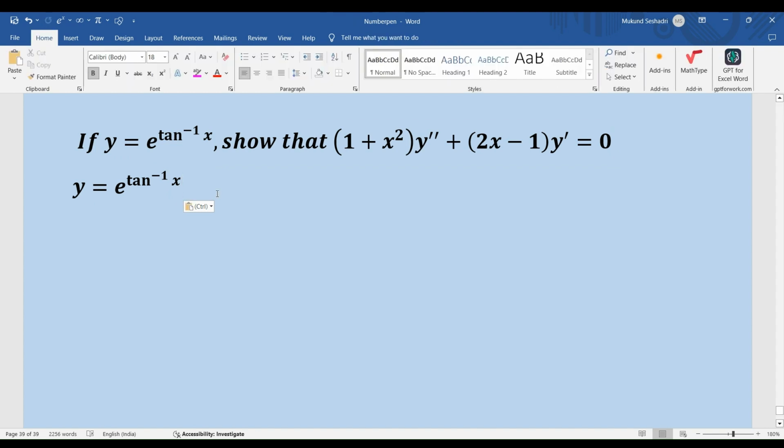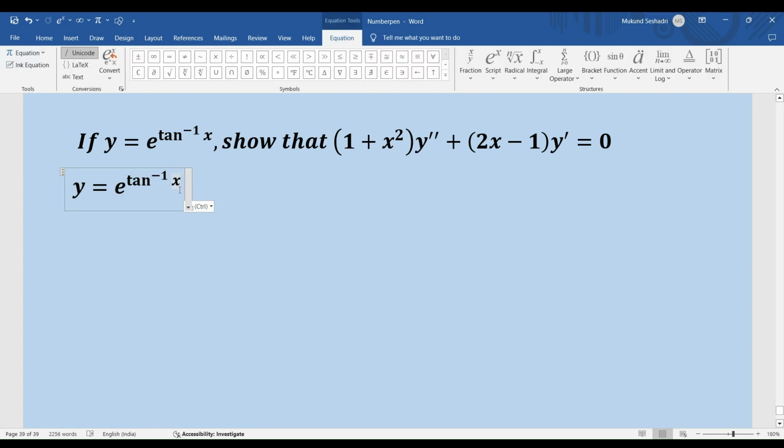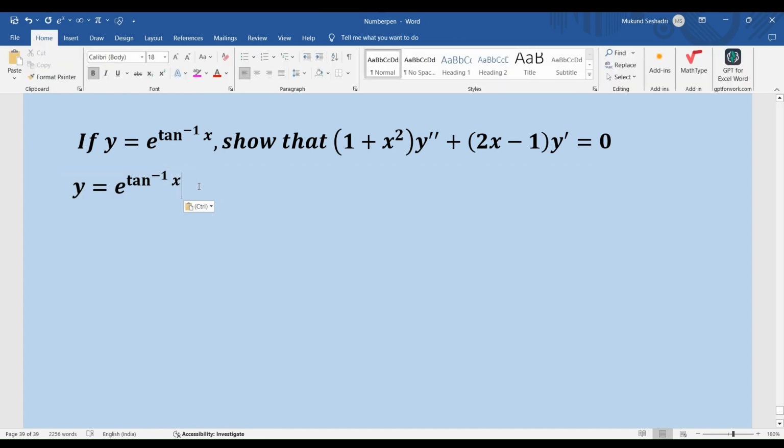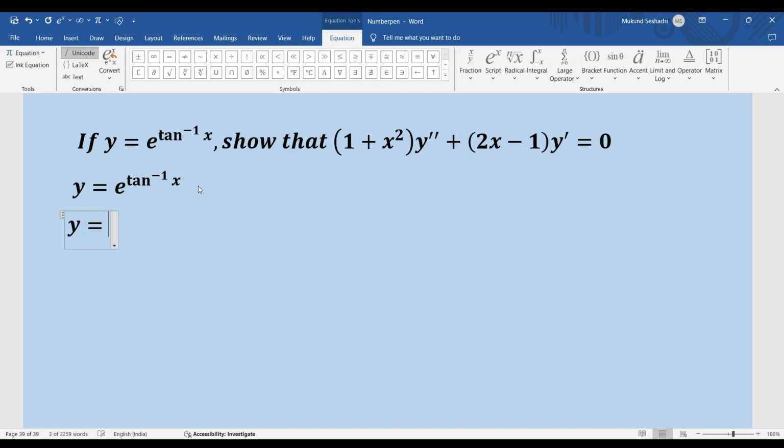I have a tan inverse of x, right? And it might be a lot simpler if I make a substitution x equals tan theta, right? When I do that substitution, what happens to my e to the power tan inverse of x?